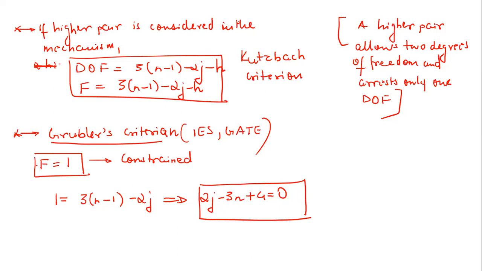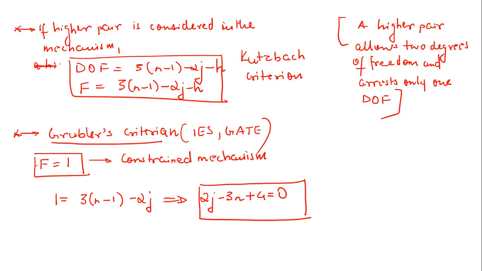In other ways, you can simply calculate the degree of freedom of that mechanism, and if the degree of freedom of that mechanism is 1, you can say that this is a constrained mechanism. So now what is a constrained mechanism? Mathematically we understood that if the degree of freedom of a mechanism is equal to 1, then it will be called a constrained mechanism.